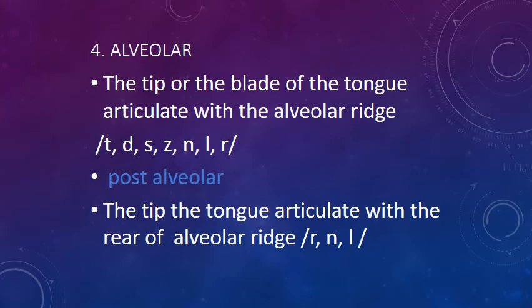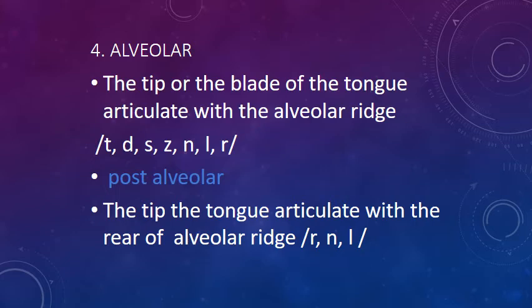The fourth is alveolar. The place of articulation is behind the front teeth. We have what is called the alveolar ridge. When the tip of the tongue, or even the middle or blade of the tongue, touches the position of the alveolar ridge, that is when a human produces alveolar sounds.